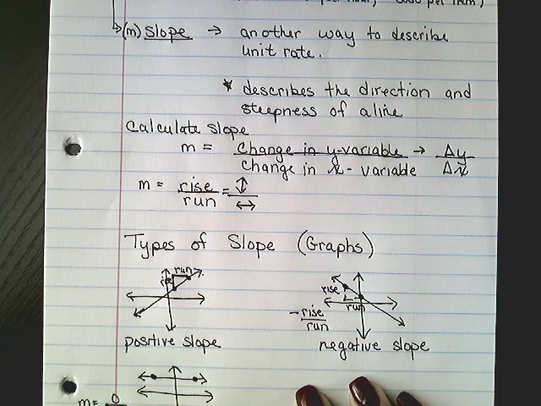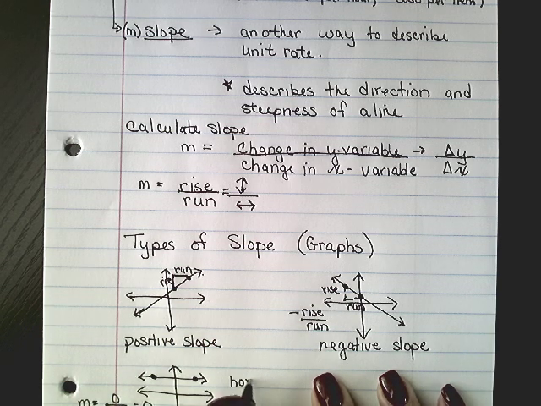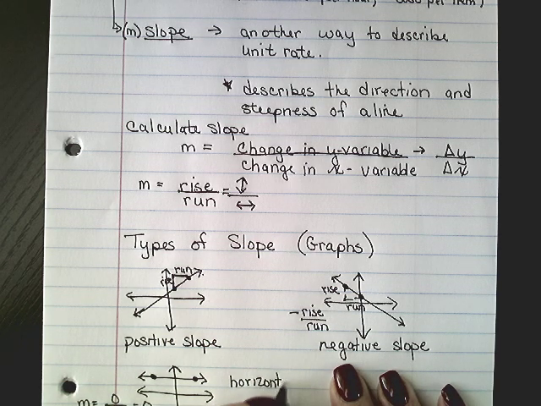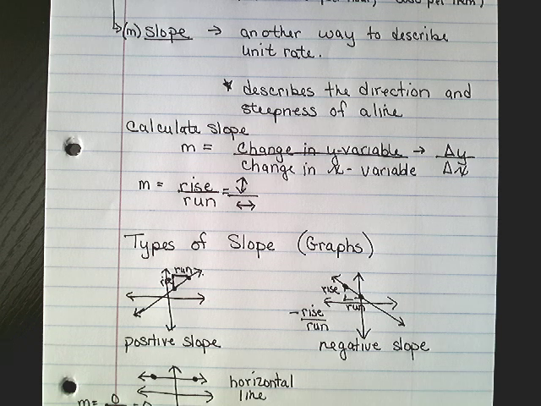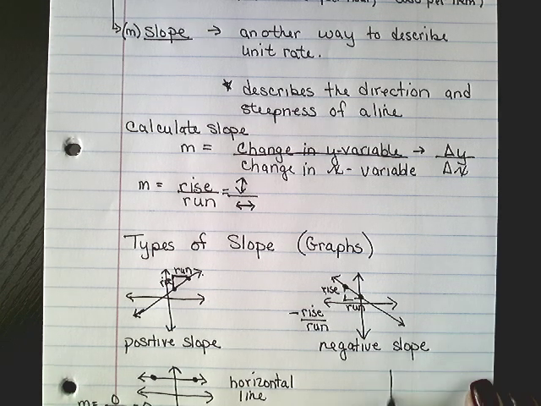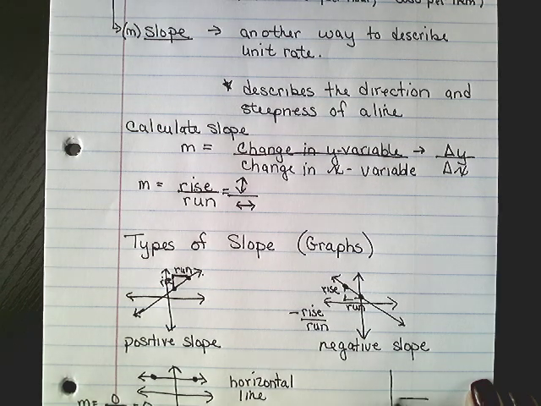We'll talk a little bit more about this as we go along. Therefore, this is equal to 0. So a horizontal line, m is equal to 0.